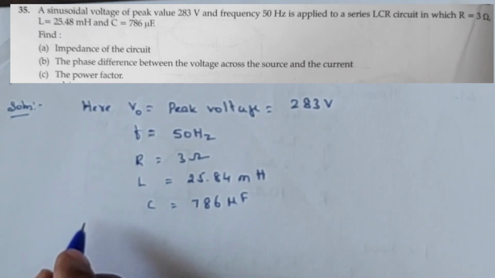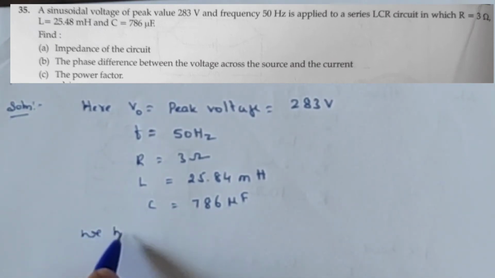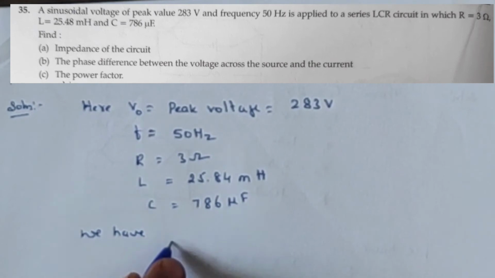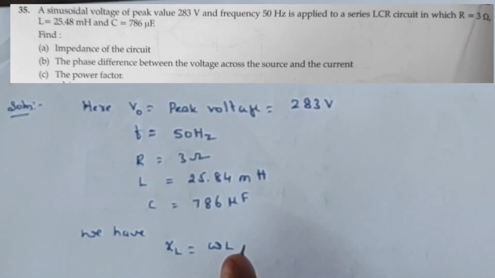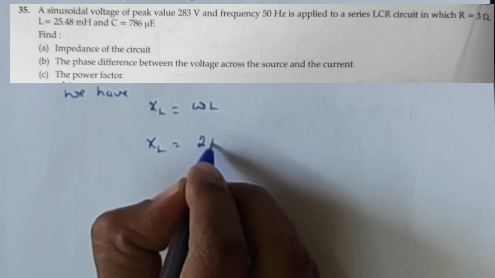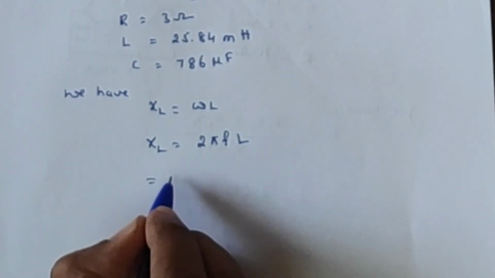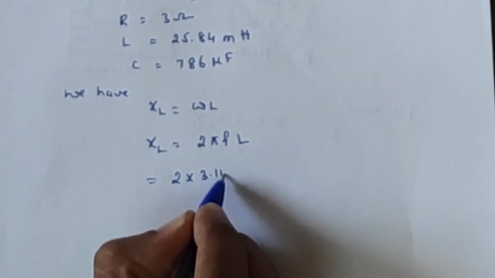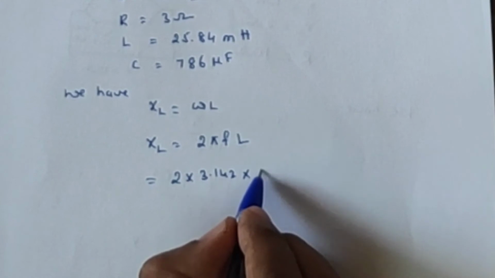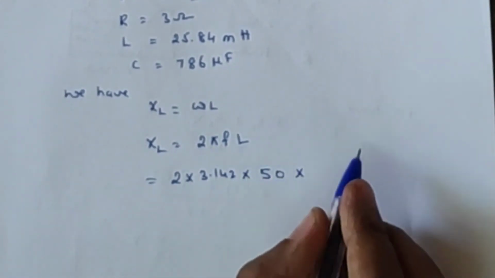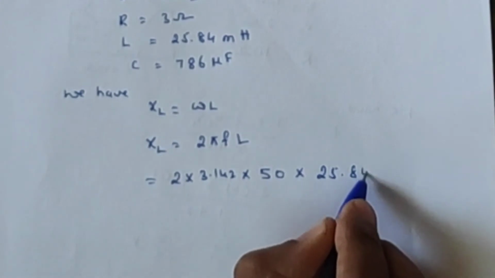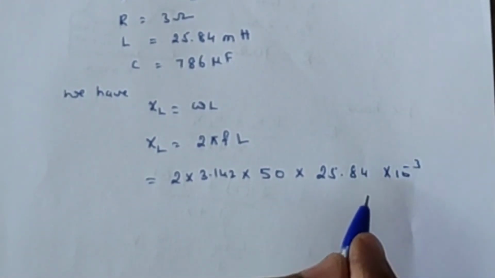Okay, so to calculate that, we require XL, the inductive reactance. So XL equal to omega into L. XL equal to 2 pi F into L. That is 2 into 3.142, pi value, frequency is 50, into L, which is 25.84 into 10 to the power of minus 3.